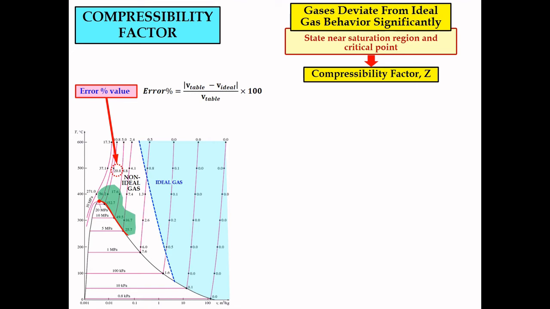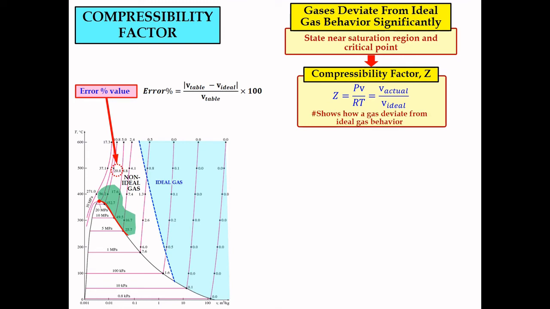So we need to describe this deviation from the ideal gas behavior for a specific gas by using a factor that we call the compressibility factor, represented by the symbol Z. The formula is Z equal to Pv divided by RT, or v actual divided by v ideal, specific volume actual divided by specific volume ideal. Okay, so this value will show how a gas deviates from ideal gas behavior.